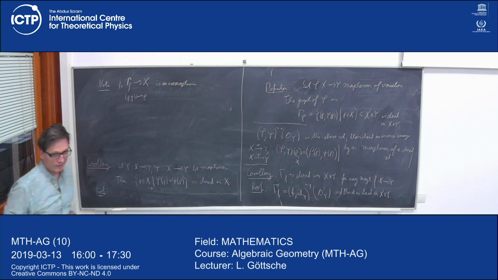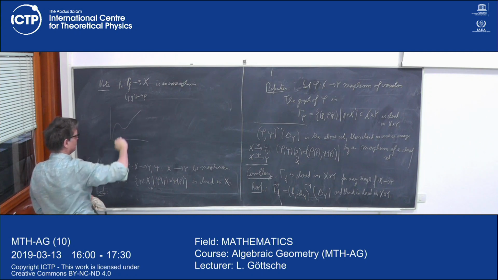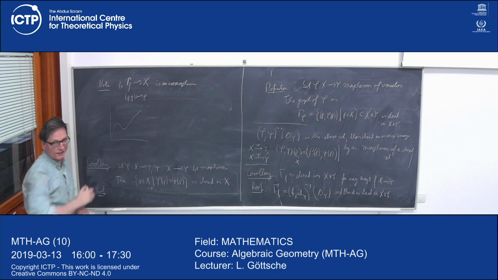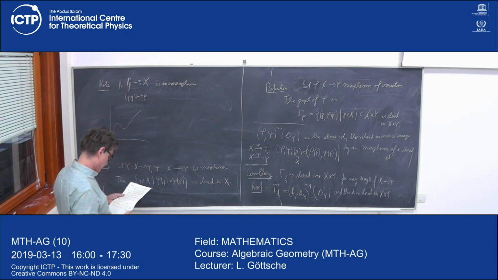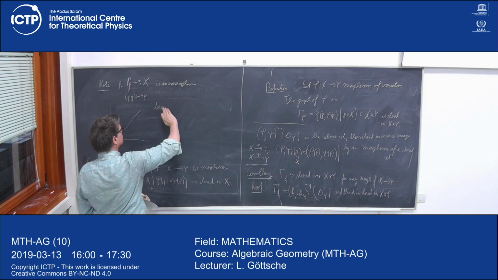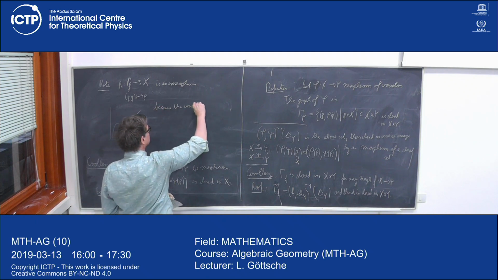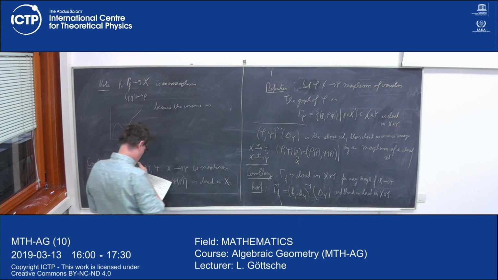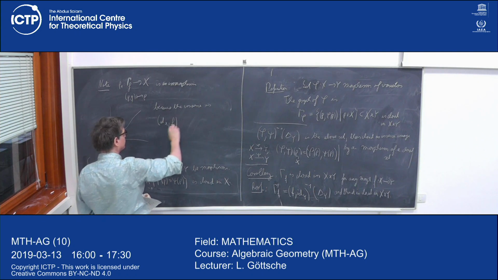Now, if you make a graph of the maps, the projection downstairs is always an isomorphism. You can see this because for the inverse map I can just take the identity of X comma f.